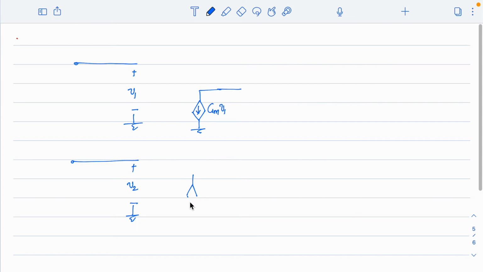Similarly, you have another current source here, which is marked as GM into V2. Now these two are tied together and we have, say, a resistance R over here, right.